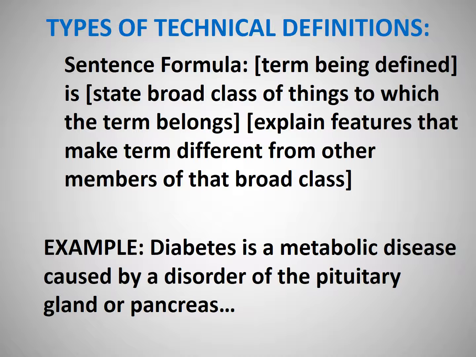And then what comes next, remember, is how diabetes is different from the other members of this class called metabolic diseases. So what makes diabetes unique in this definition? And that is that it is a metabolic disease specifically caused by a disorder of the pituitary gland or pancreas.